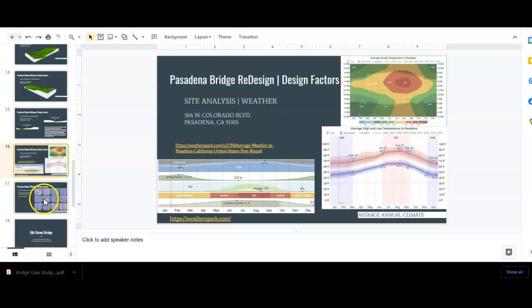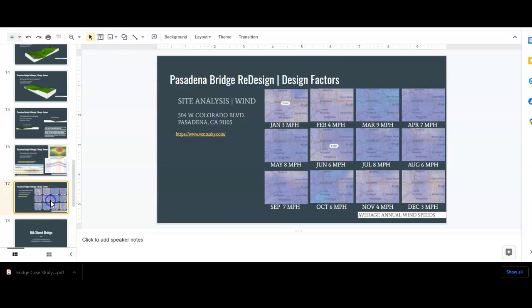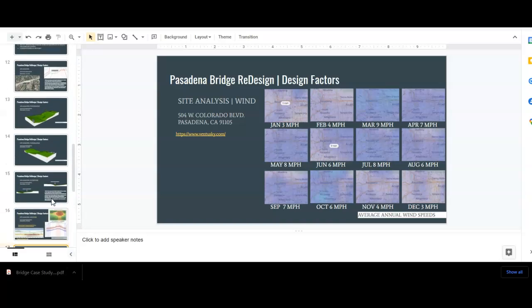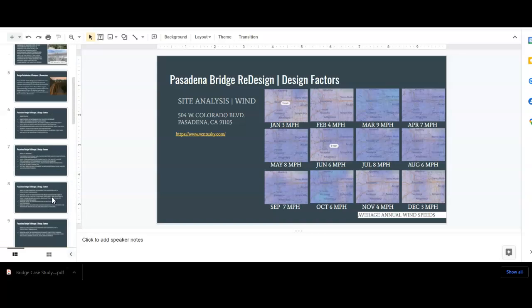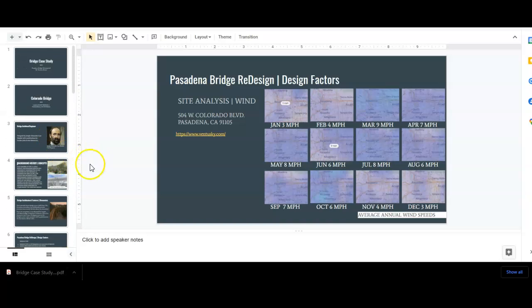We'll get to these later, but if you want to stop the video and go ahead and make them, you're welcome to. Those are just more factors for the Pasadena Bridge that we are going to redesign. And that's it. That's week 4. So when you're done with week 4, go ahead and download it into PDF and submit it both into week 4 and week 3.